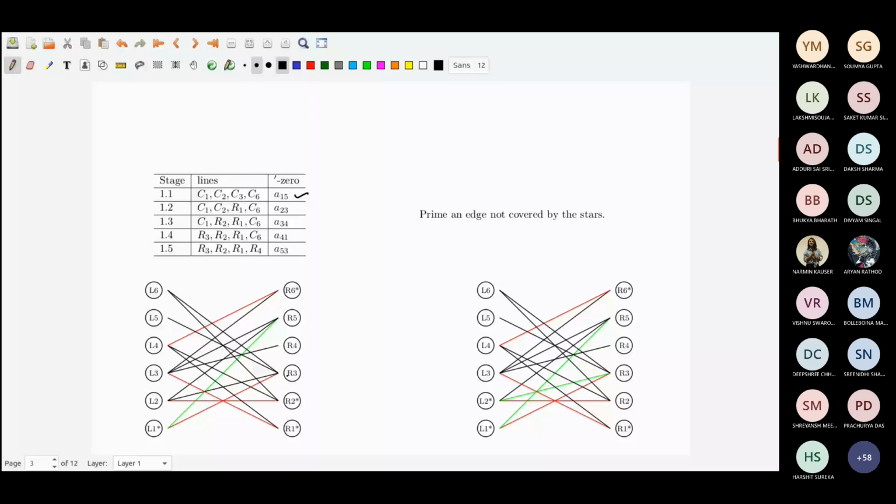I don't want to see the matrix anymore, but that will be the same thing. In the next step, you get L2 R3, so you make that green. The moment you make that green, you see whether it has a star in its row.